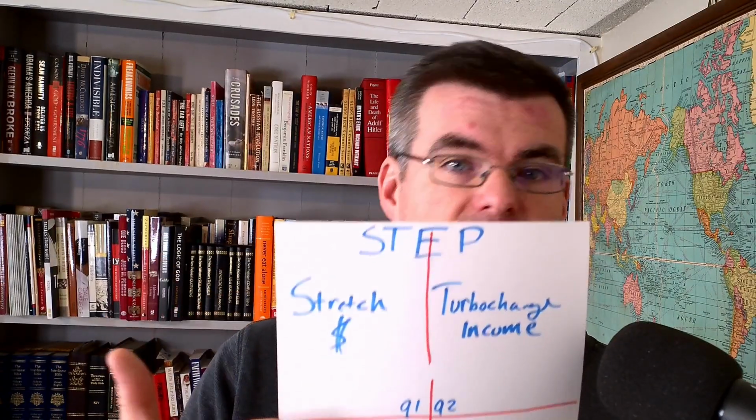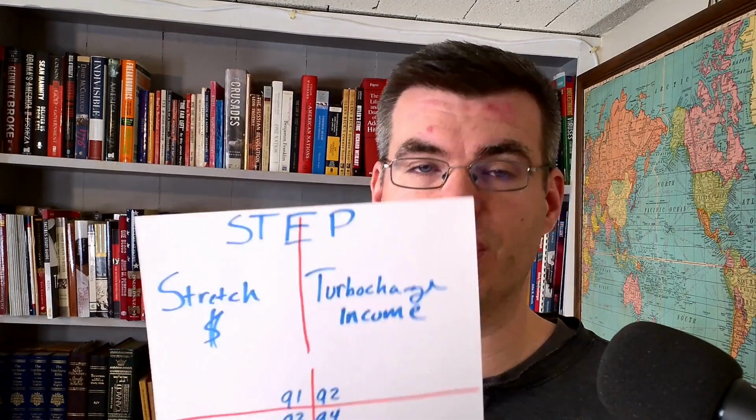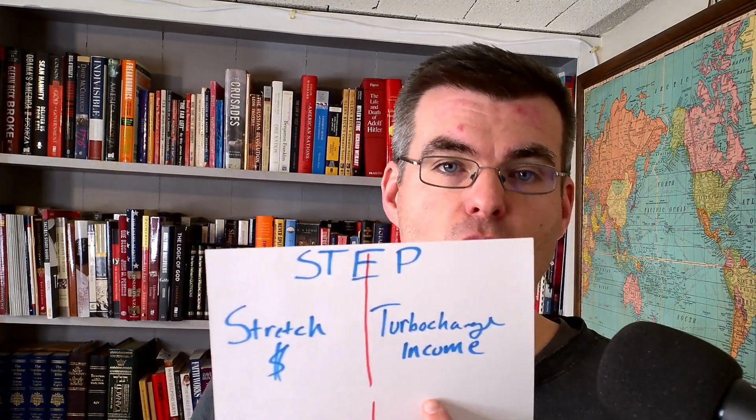Prosper with investing, eliminate debt, turbocharge your income, and stretch every dollar that comes in. Now, if it was me, I would take the first one first. Q1, I put Q1 for a reason, because I think stretching your dollars is the most important. Now, it doesn't mean that you can't do these other things. I think you should be doing these other things right off the bat.